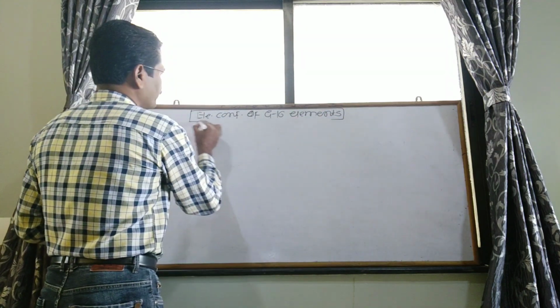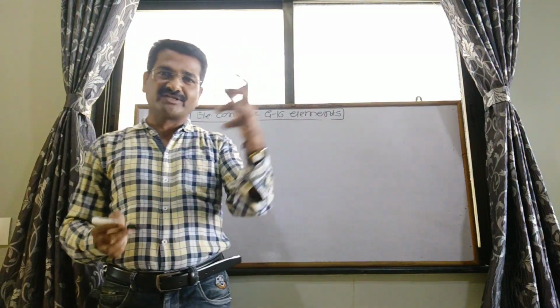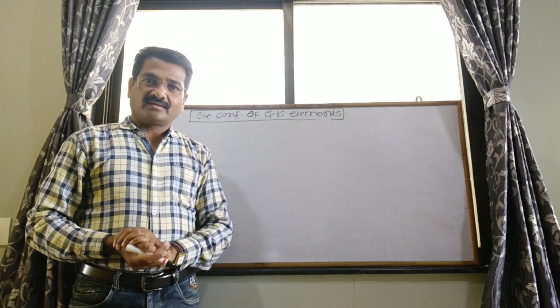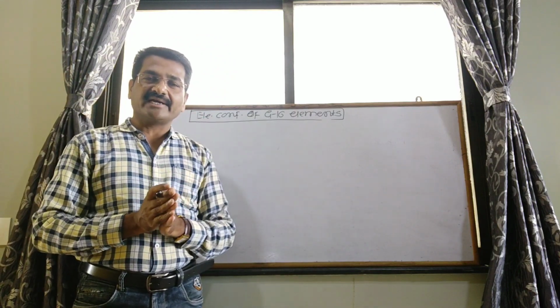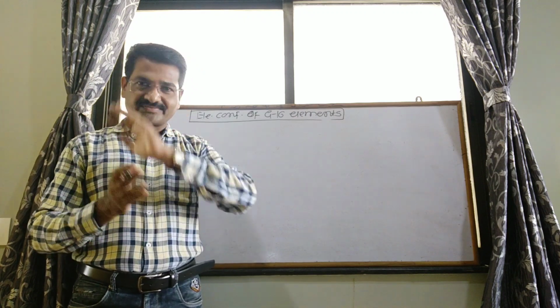In the last period, we discussed the general electronic configuration of the p block elements. P block elements possess the general electronic configuration ns2, np1 to 6.